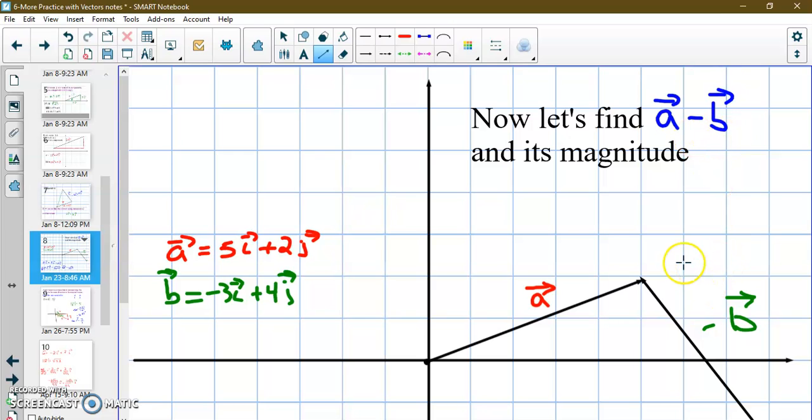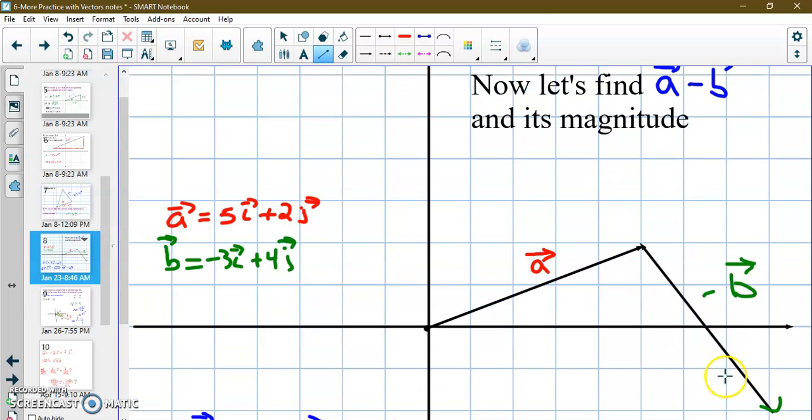We want to add a negative, because now instead of going up and to the left, we're going to flip and go down and to the right. So now our components change a little bit. These are the components for vector B, but for negative B, we're going to the right 3 and down 4.